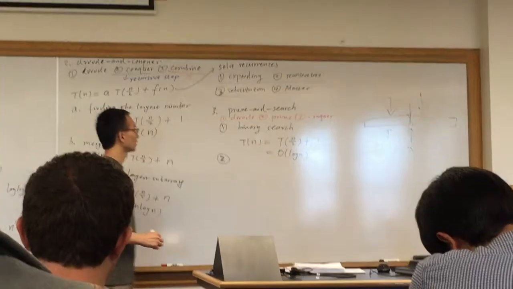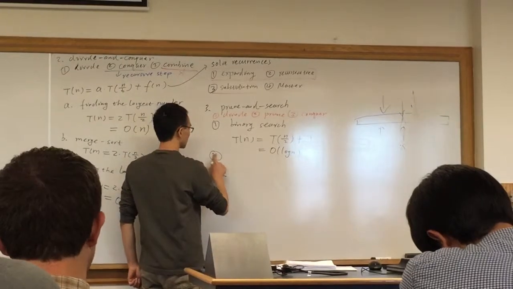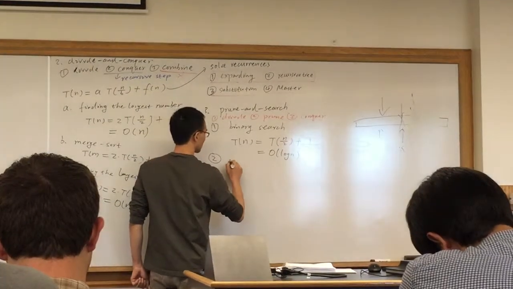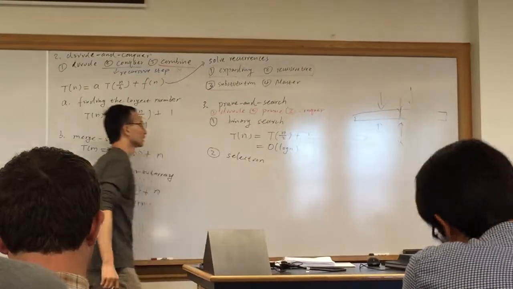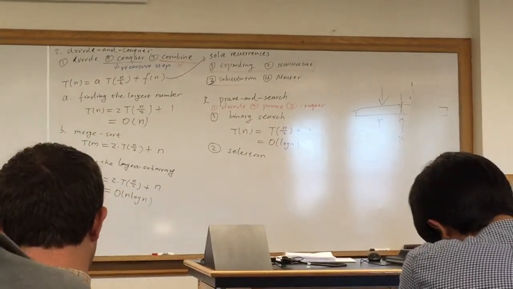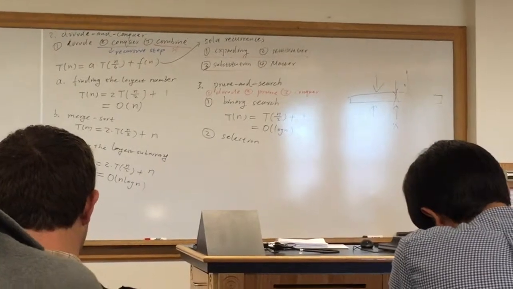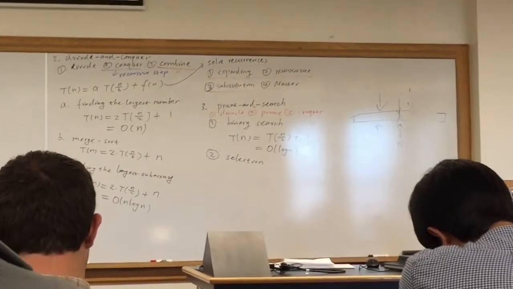The second example we use, everybody knows binary search, and the second one is a difficult problem, which is the selection algorithm. We're given a set of numbers, and we want to find the kth smallest number.